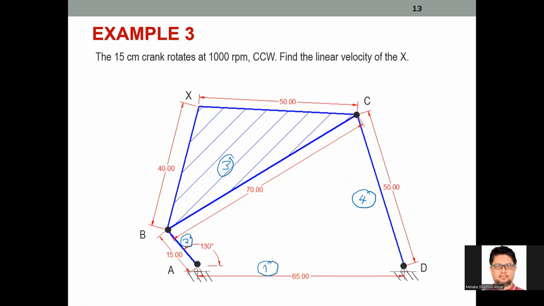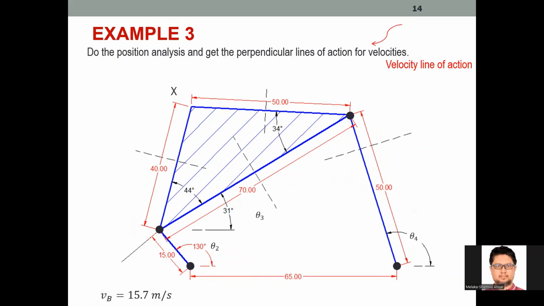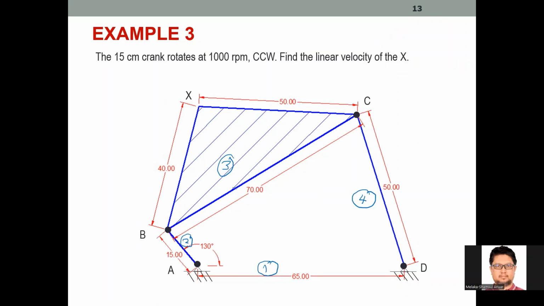Okay, and then if you do the calculation right, this one I was going counterclockwise.